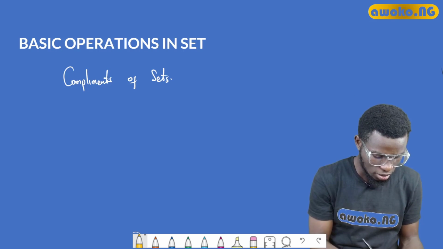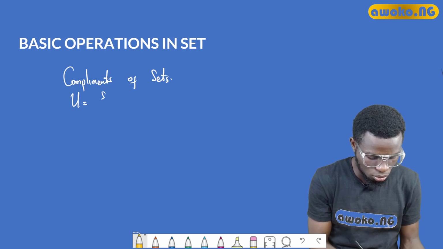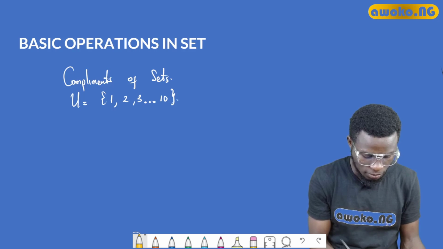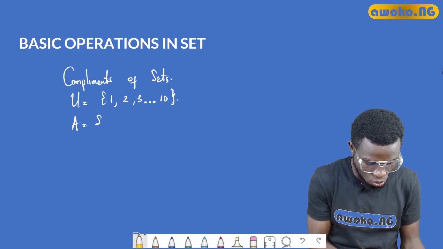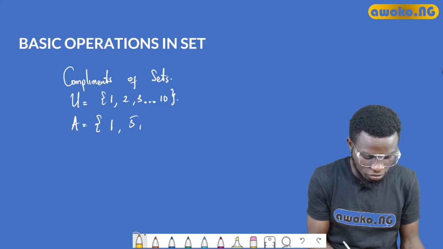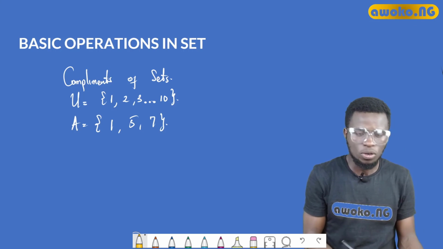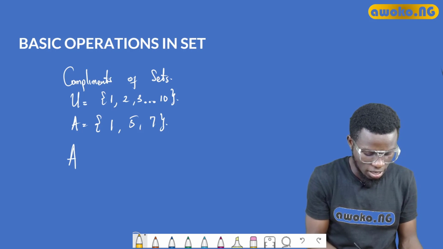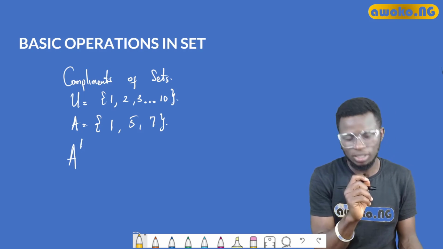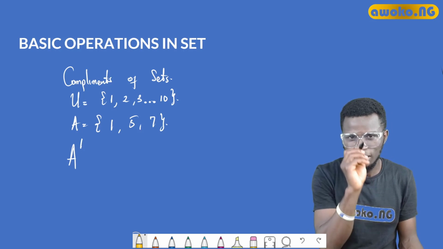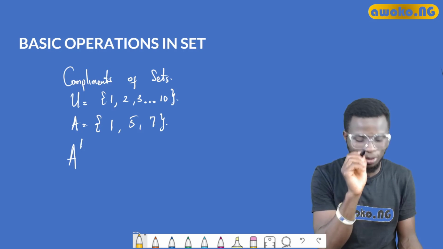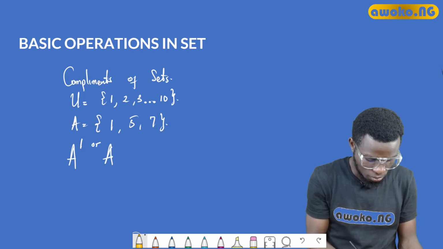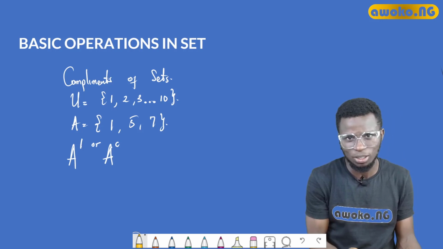So if you have the universal set equal to 1, 2, 3, all the way through 10, and we have a set A equal to 1, 5, 7. Of course, if I relate set A to the universal set, I'll have a complement. It is denoted by a small bar on top of the particular set you're talking about, or A with a small c on top as an exponent.